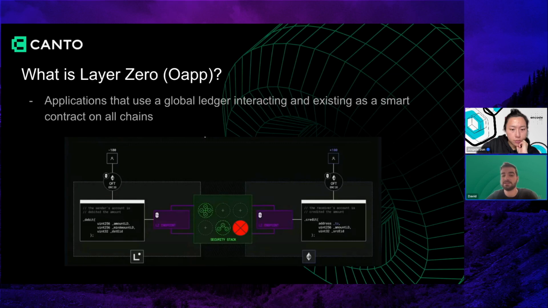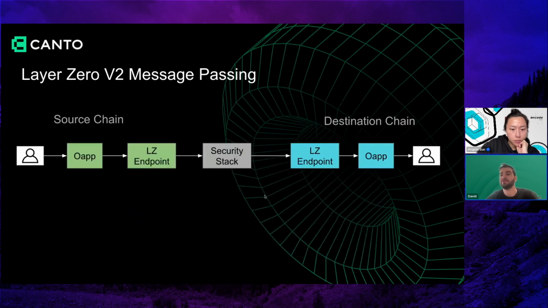And how does this actually work? With something called LayerZero endpoints, which is basically the main communicator between chains and the security stack. Any application, regardless of its usage of LayerZero contract standards, can communicate with these endpoints from the source blockchain. This message, which again is configurable and is stored as a message library in the endpoint itself, and which the developer would own, would be passed through the security stack.